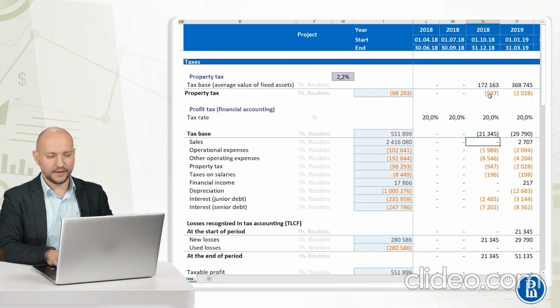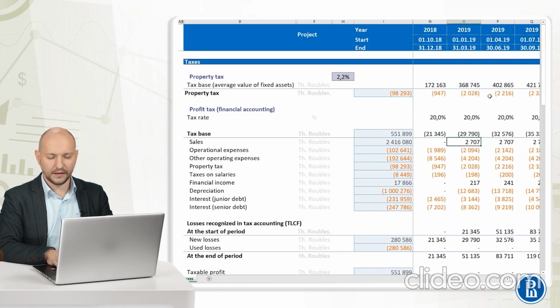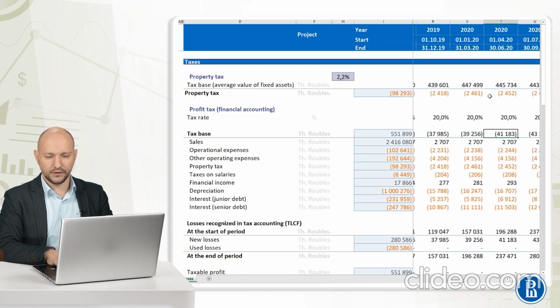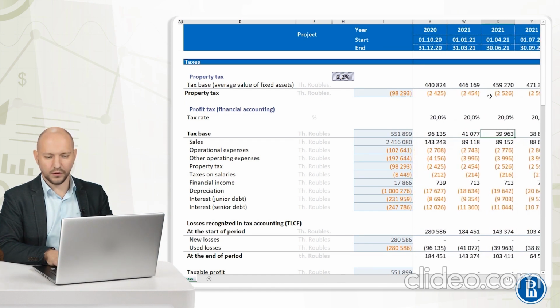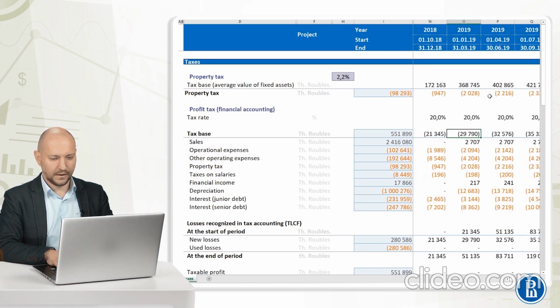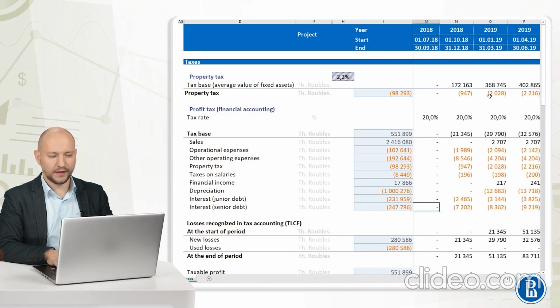As we see, this company starts getting sales only in 2019. That's why the company has losses during many quarters. And the result is that we can use tax loss carry forward.